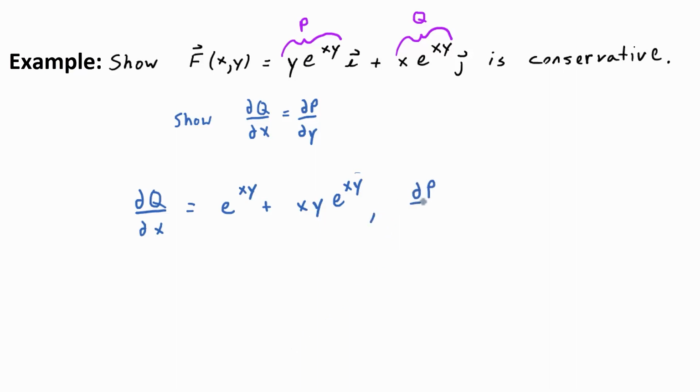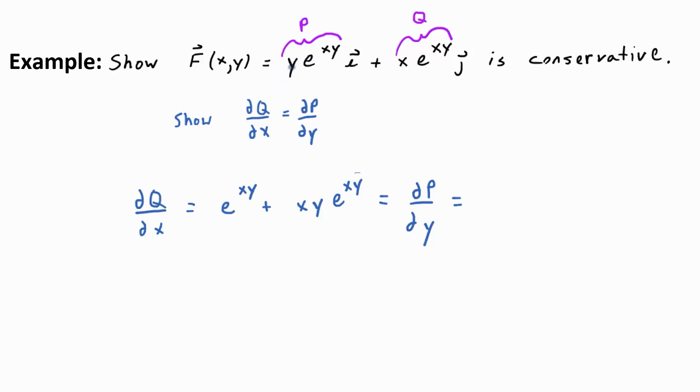Okay, so what else do we want to show? Derivative of P with respect to y is hopefully the same thing, right? In fact, maybe I can change this to an equal sign. Maybe I'm so confident I'll change it to an equal sign right now. Okay, so let's make sure that that equal sign is true. So look at P up here, y times e to the xy. Once again, it's a product of two functions, of y this time. So take the derivative. What do we get?